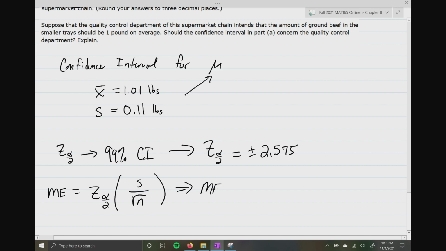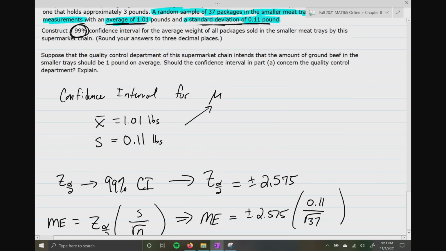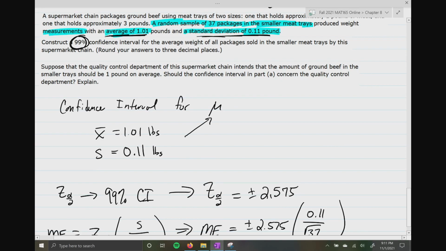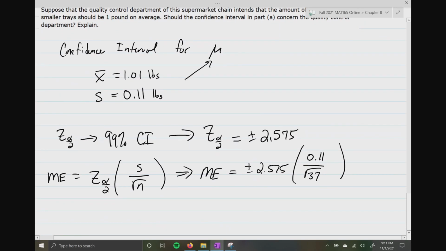So my margin of error is going to equal plus or minus 2.575 times, now they gave us the sample standard deviation, which is fantastic. So it's going to be 0.11 divided by the square root of 37. Yeah, because we had 37 packages. So if I get out my calculator and just go ahead and type that in. So give me 1 second here.